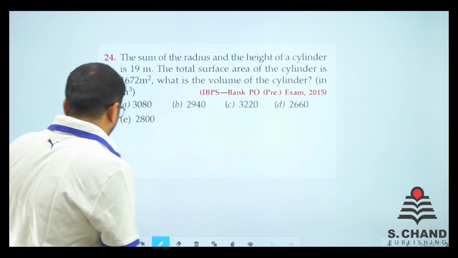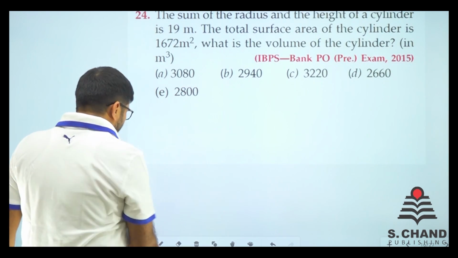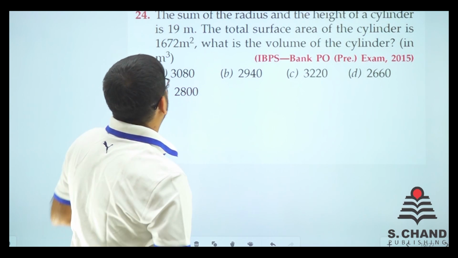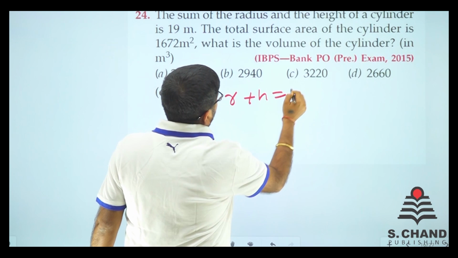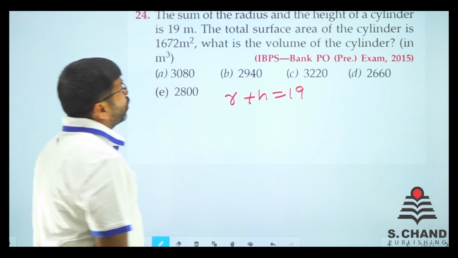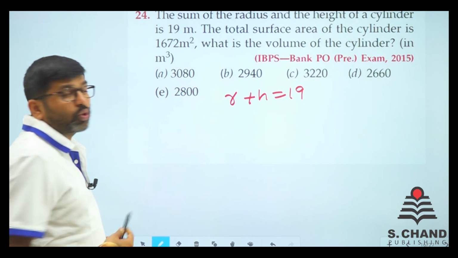Question number 24 we are on. Okay. See, this says the sum of the radius and height of a cylinder is 19. So simply we can write r plus h is equal to 19. Now the total surface area of the cylinder is 1672 meters square. So what is the total surface area?